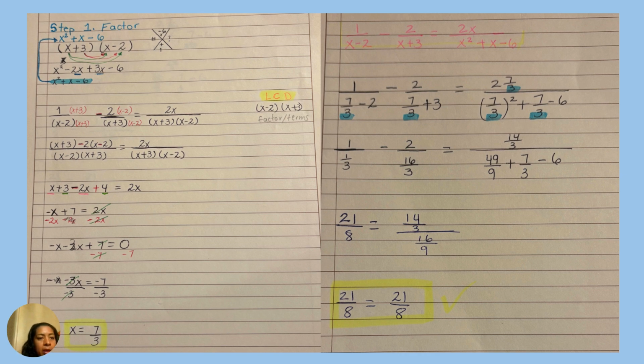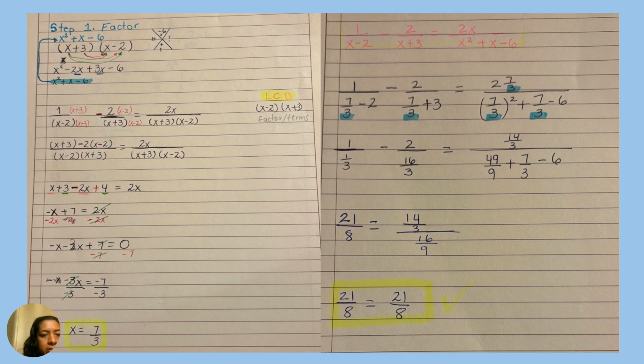Then once I have my answer, I can proceed to complete my rational equation. First, to solve the subtraction, I need to have all the same denominators.